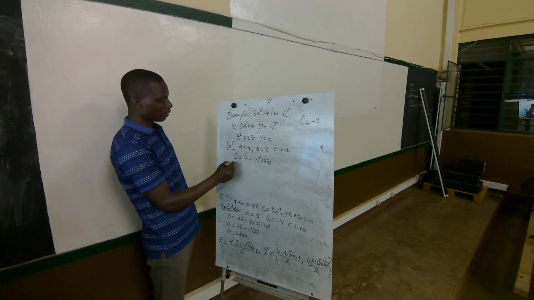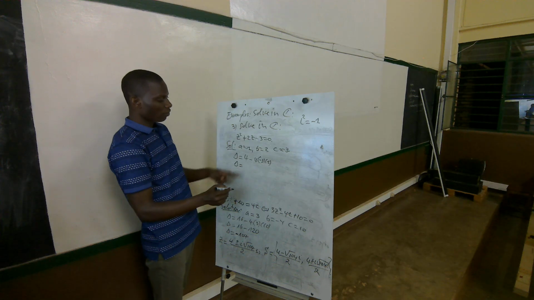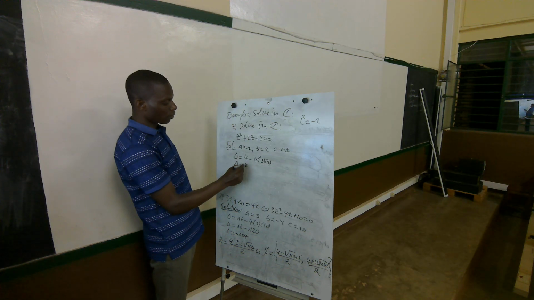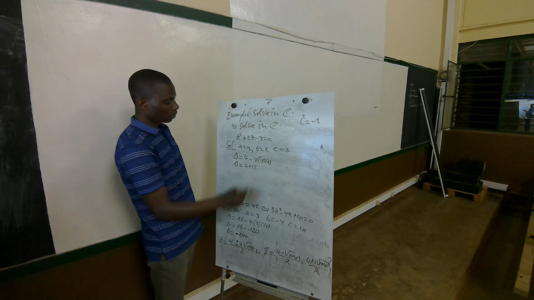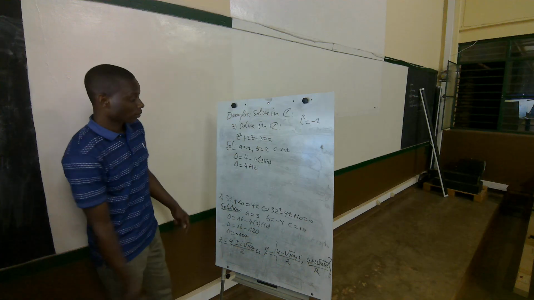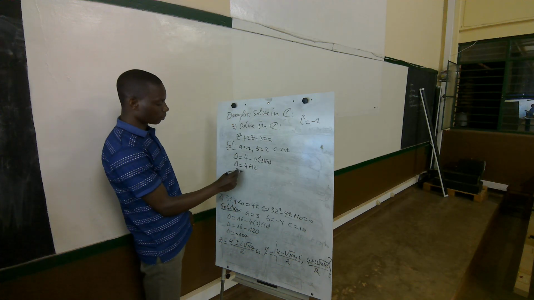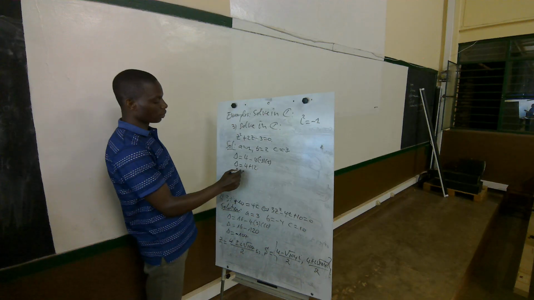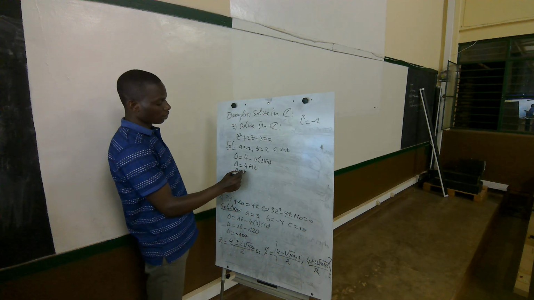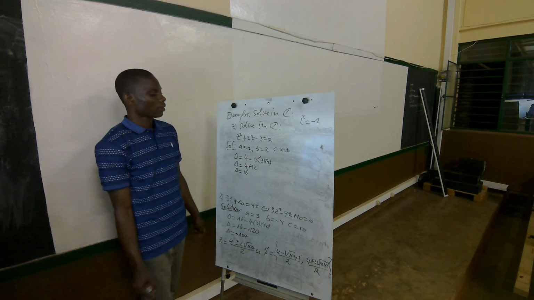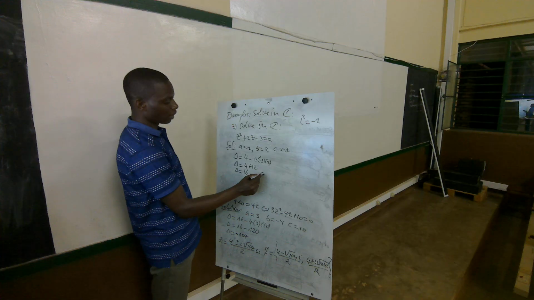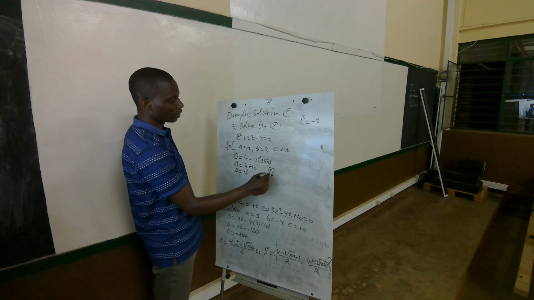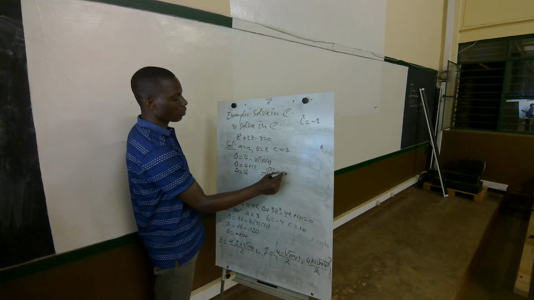Now the determinant will be equal to 4 plus 12, and the determinant is equal to 16. So this implies that the square root of the determinant is equal to 4.